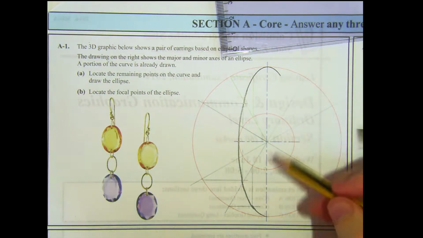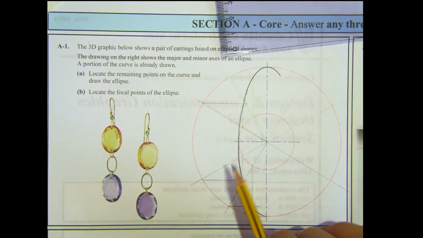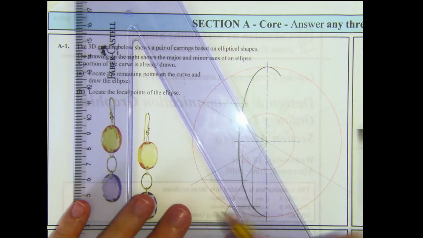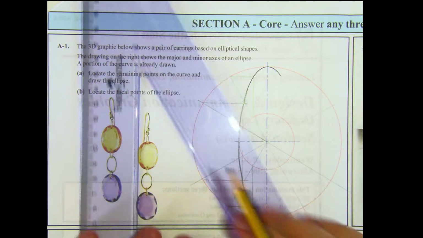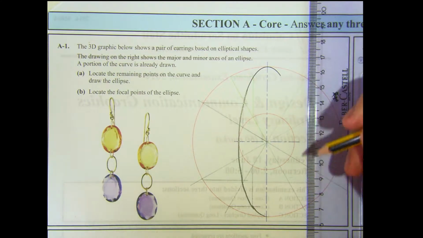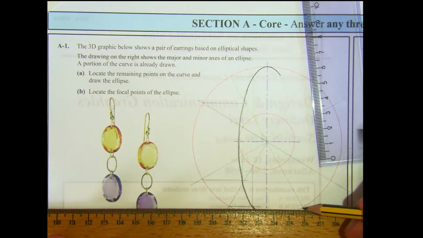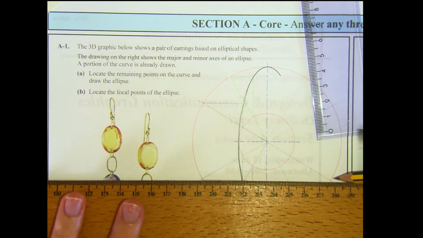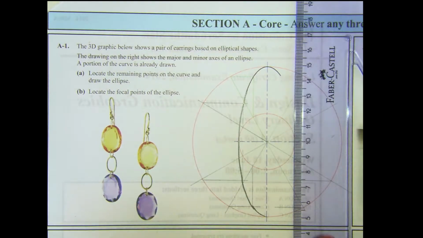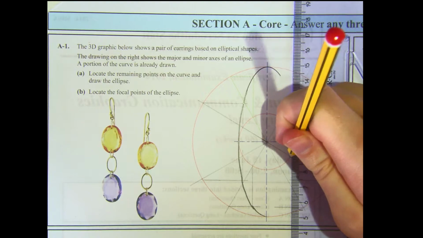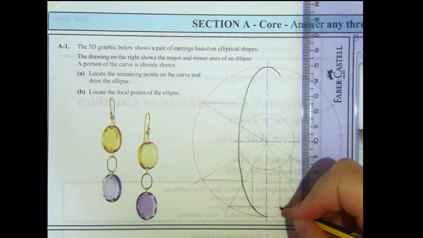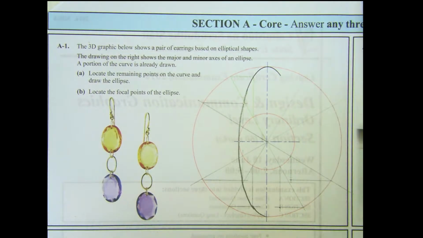Now the state exam solution does a mirror, an axial symmetry across the other side. That's an okay solution to do if you wish. I'm going to continue doing the auxiliary circles method. So perpendicular to the major axis where the lines are cut by the major auxiliary circle, and then perpendicular to the minor axis where those same lines cut the minor auxiliary circle. That gives us a few more points here and here.